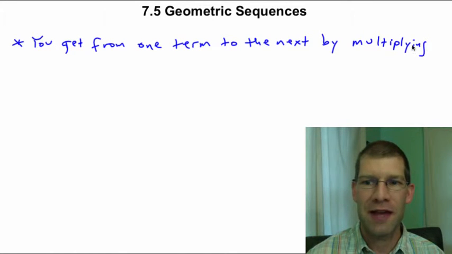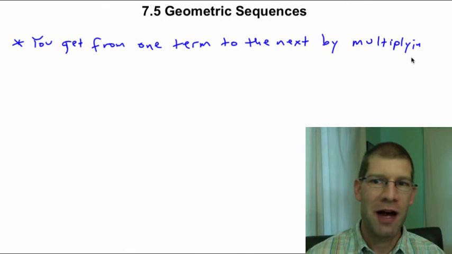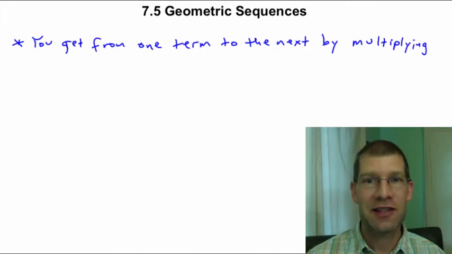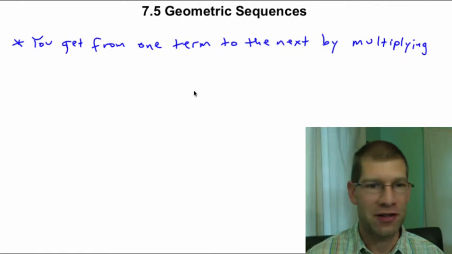And before, when we had the arithmetic sequences, we talked about how it was either adding or adding a negative with subtracting. In this case, you could multiply by a fraction, which then would be the same as dividing.